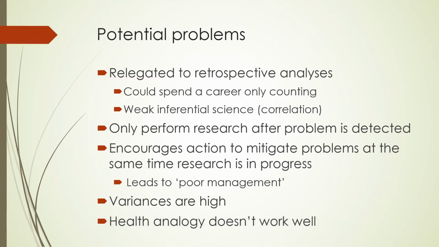And finally, there's been a tendency to use health measures as an analogy for this kind of declining population paradigm, similar to going into the doctor every year, getting your checkup, checking your cholesterol and your heart rate and all of those sorts of things. The problem is that health measures often have very low variability.